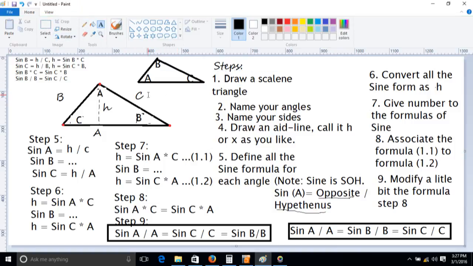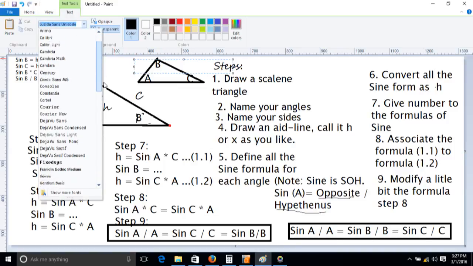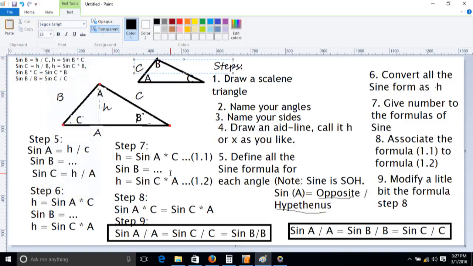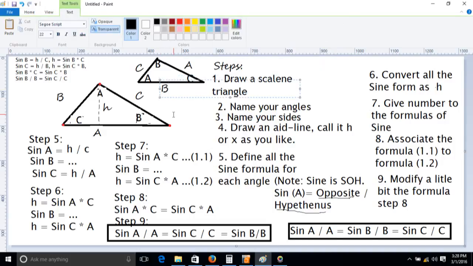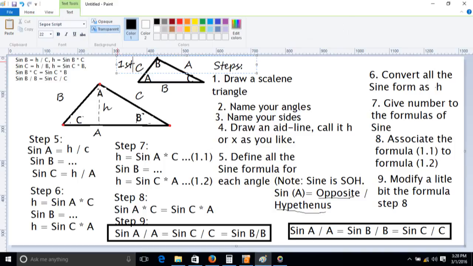This is the C side and this is the A side, and this is the B side. This is our first triangle. And this is our second triangle, like that.